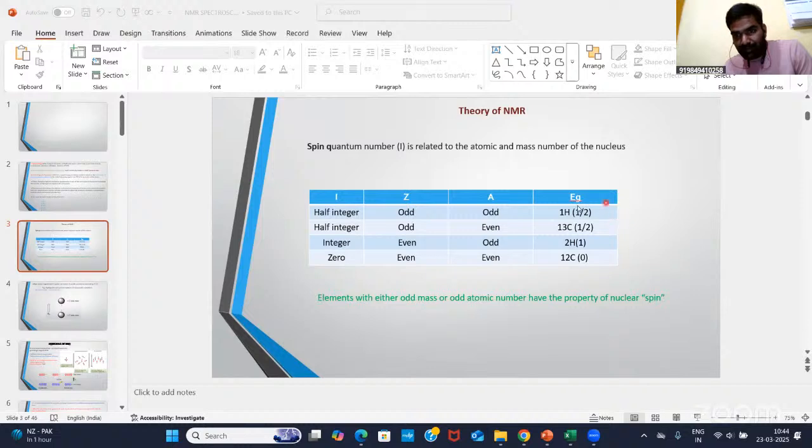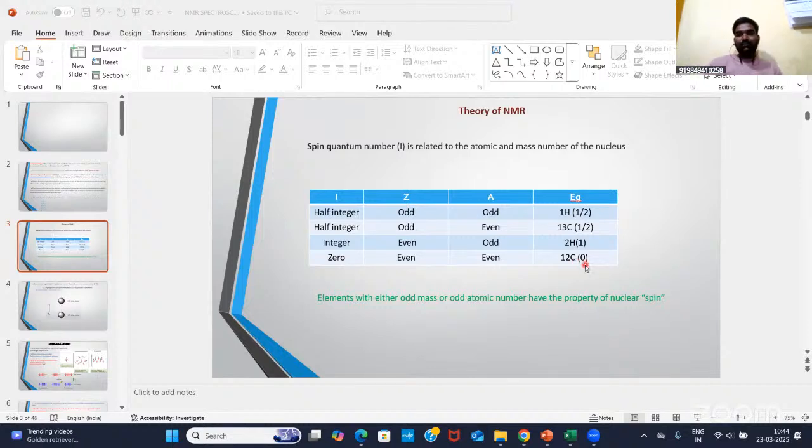We can see examples: 1H, that is half spin. Then 13C, you can see here, this is half spin, and 2H is integral spin, which is an integer. And 0 when both mass number and atomic number are even, that is carbon 12. Here the spin is 0.